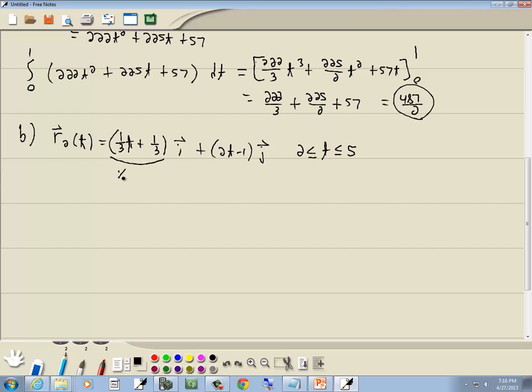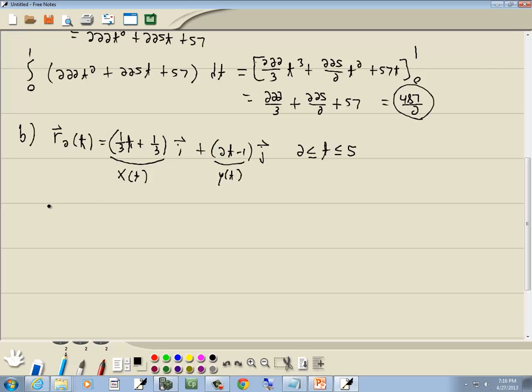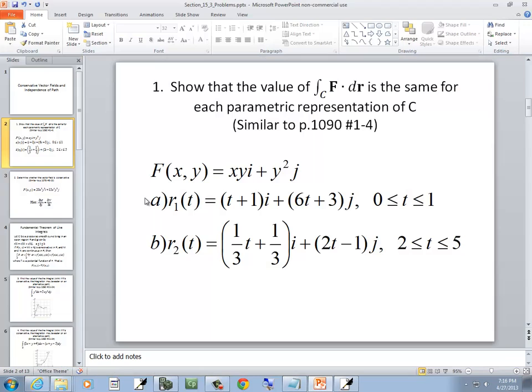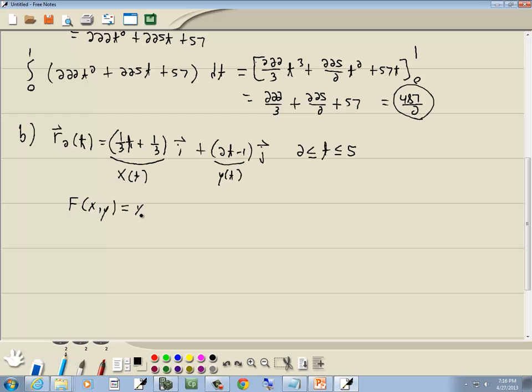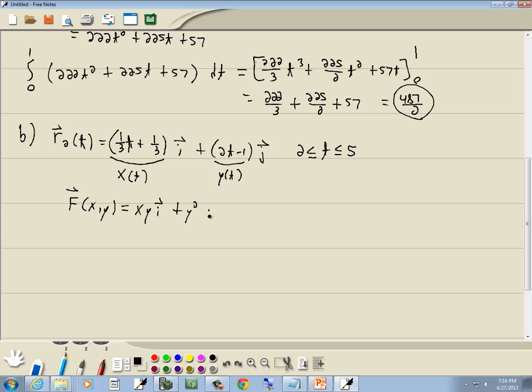This right here would be our x of t, and this right here is our y of t. So from our formula, we need to find F in terms of that. Now remember, F itself is equal to xy i plus y squared j.